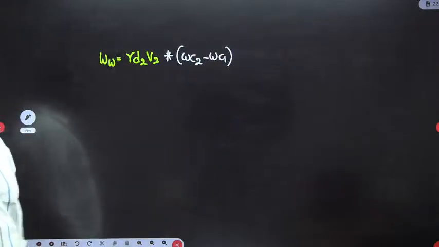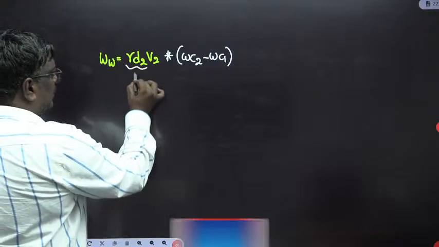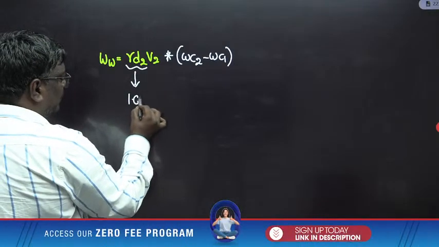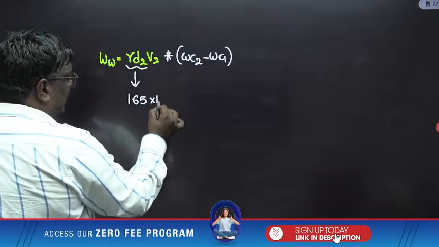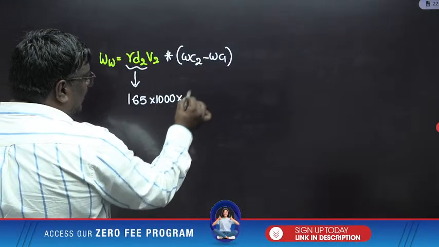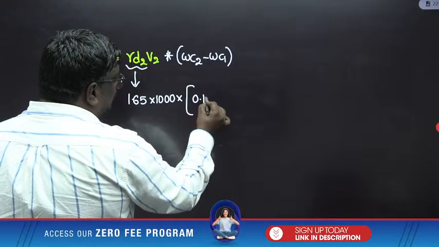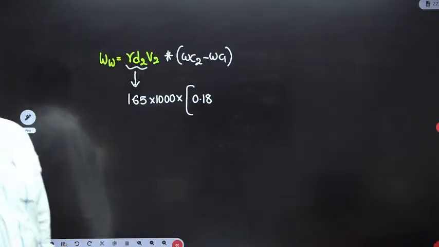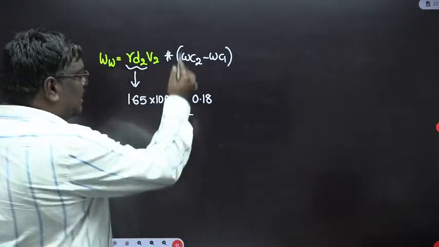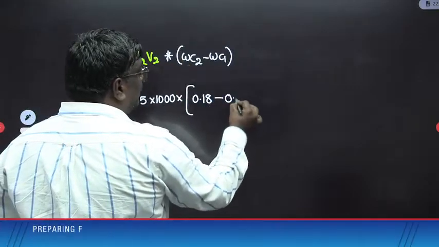Now my dear students, here gamma D2 is how much, sir? 1.65. 1.65 into 1000 into water content 2, which is 0.18. 18% is 0.18. Similarly, what is water content 1? 0.12.